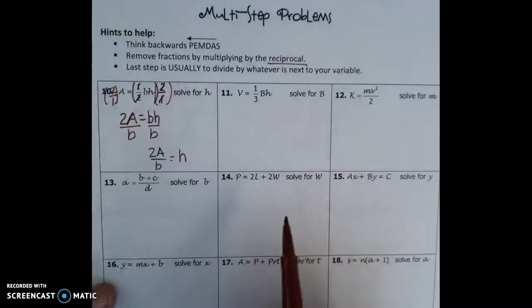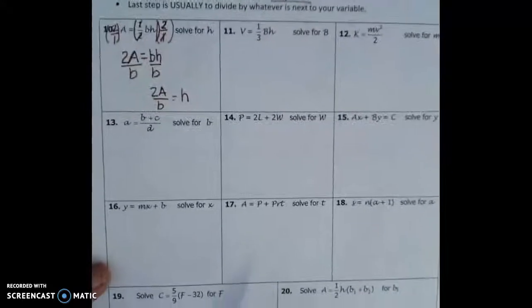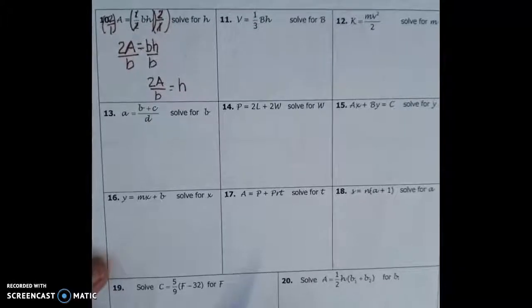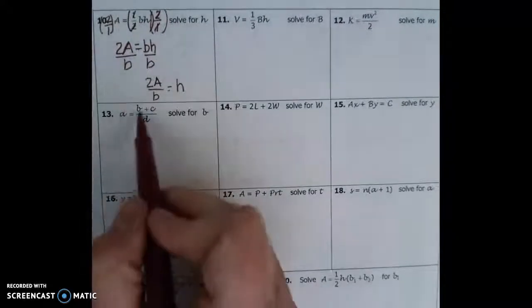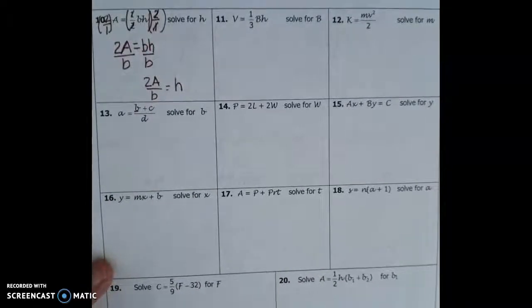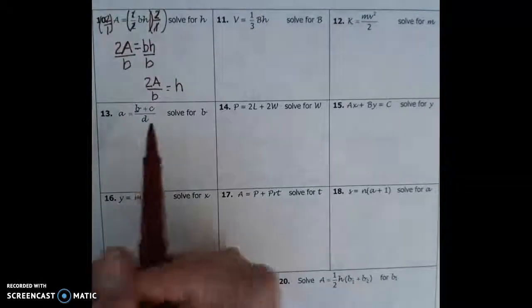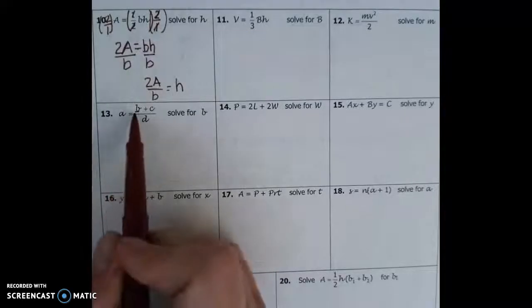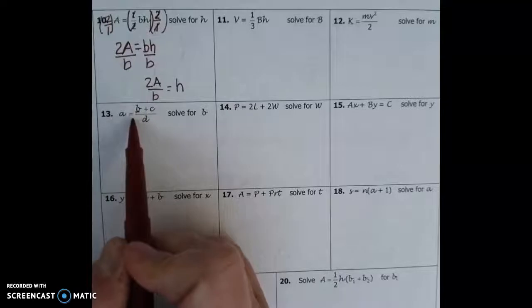So these next couple work kind of the same way. I want to look at 13, because 13 shows us something a little bit different that might be a little confusing. So we're trying to get b. Here's b right there. I keep asking, is b part of a monomial or a binomial? This fraction is one term.